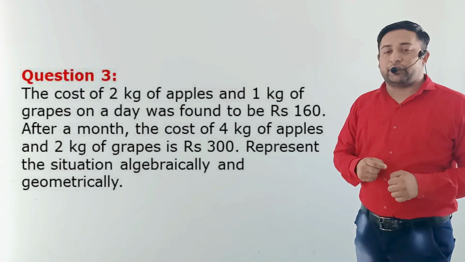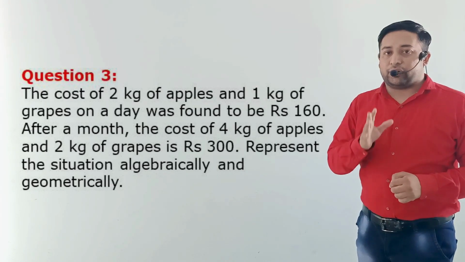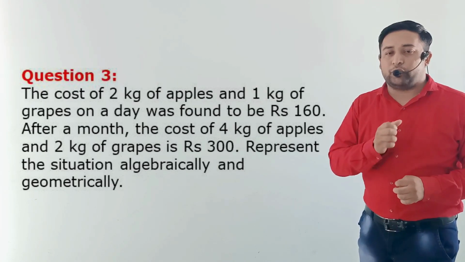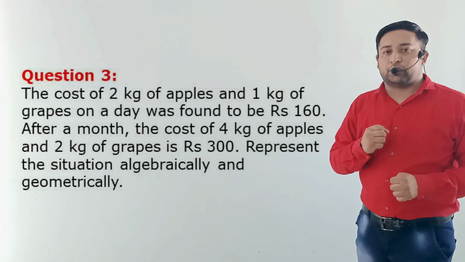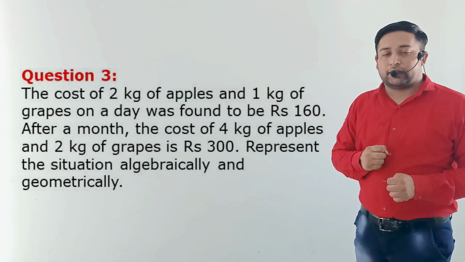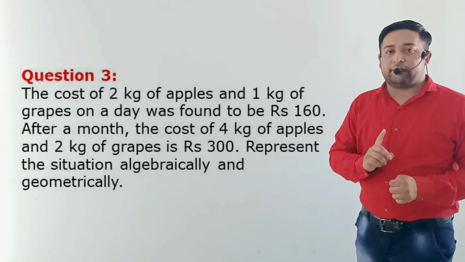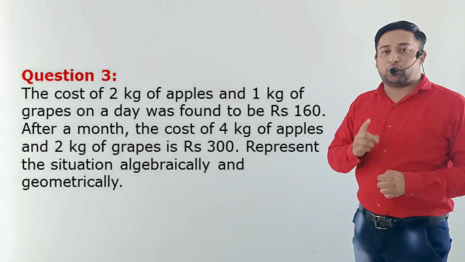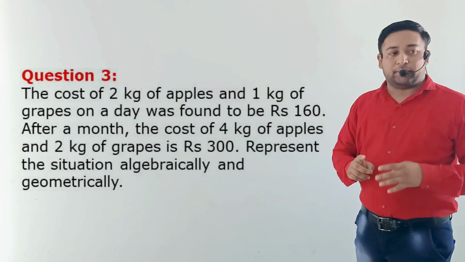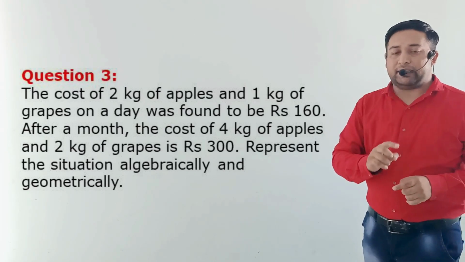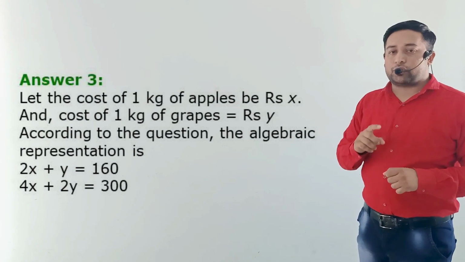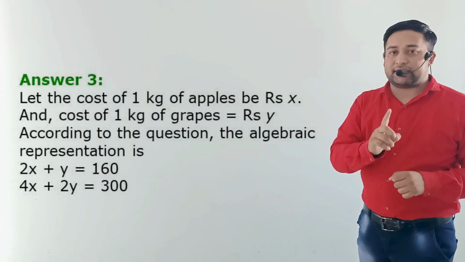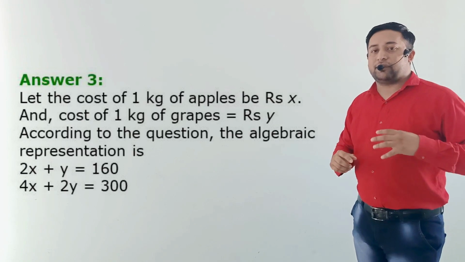First, what do you need to do? Get your variables. Our first variable will be the cost of apples and the other one will be the cost of grapes. So I am taking the cost of 1 kg apple as x rupees and the cost of 1 kg of grapes as y rupees.